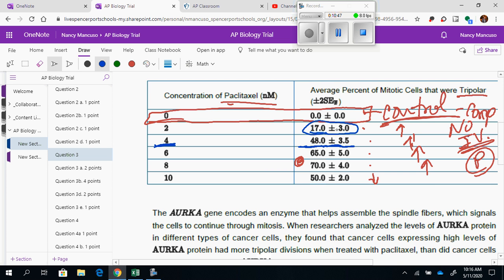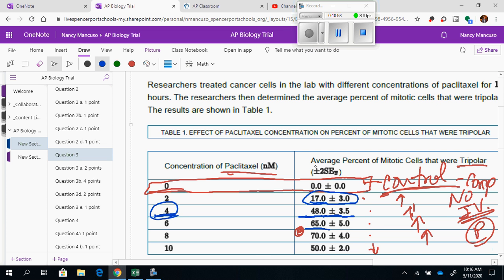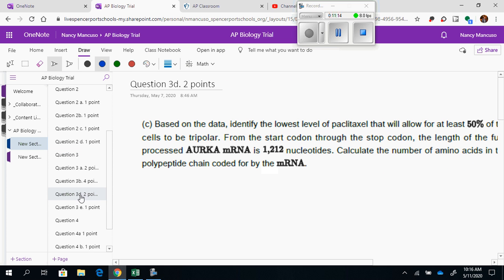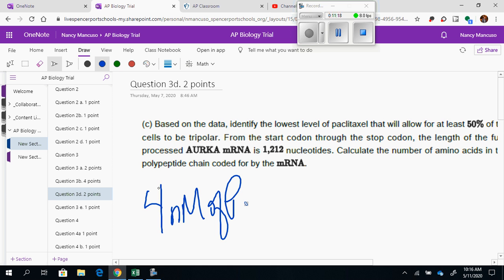So 48 plus 3.5 would give me 51.5. So my answer would be 4. If I went up to 6, that also would give me over 50%, but it said, what is the least concentration of P that you could add that would give you 50% tripolar cells? So you have to include that plus or minus standard error. So it would be a concentration of 4 nM of the Plaxel.